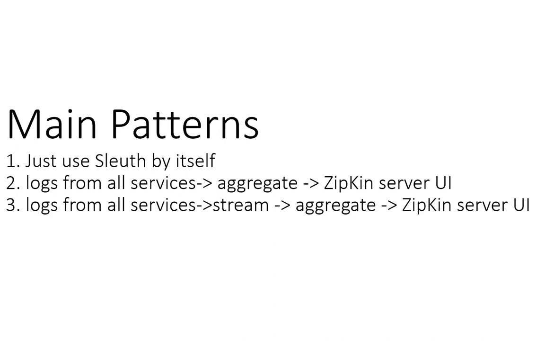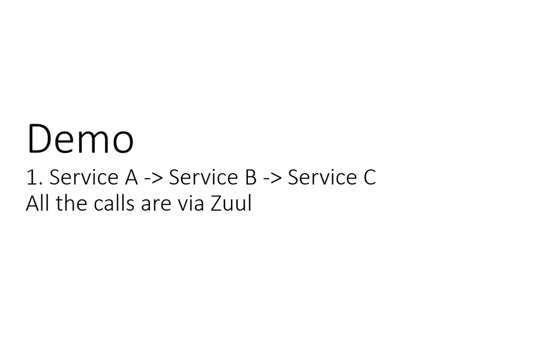The third option is similar to the second, but in the middle you add streaming, with Kafka or RabbitMQ. That's a little bit more involved, but you don't lose any information if the Zipkin server goes down. Those are the three main patterns for logging.